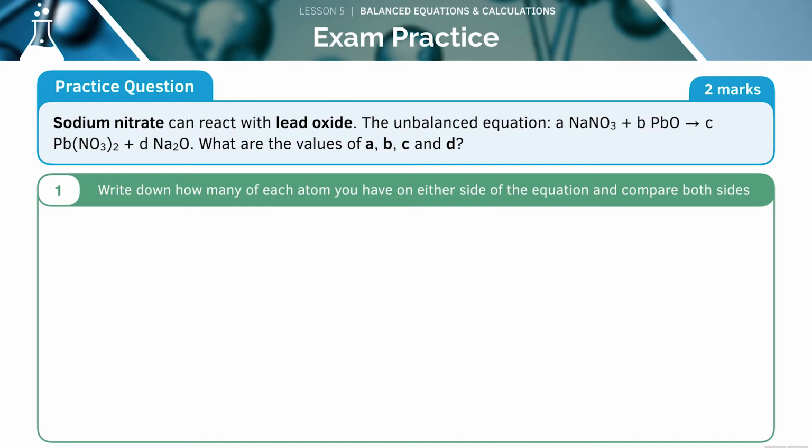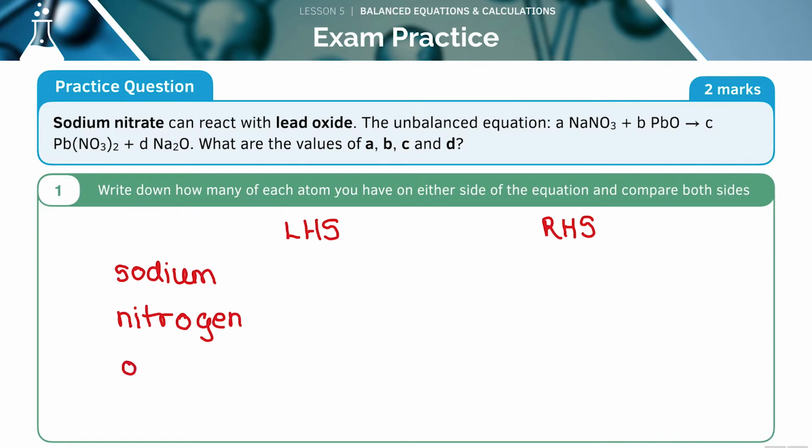So let's write out the left-hand side like we did before, and the right-hand side as well. So in this equation, we've got sodium, we've got nitrogen, oxygen, and lead.